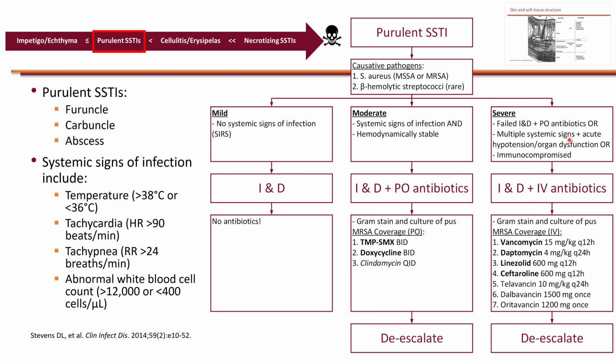Or if somebody had multiple systemic signs plus acute hypotension, organ dysfunction, or if somebody is just immunocompromised. So if a patient doesn't have any of these but is just immunocompromised, we will consider that a severe infection, and they will have to receive IV antibiotics.